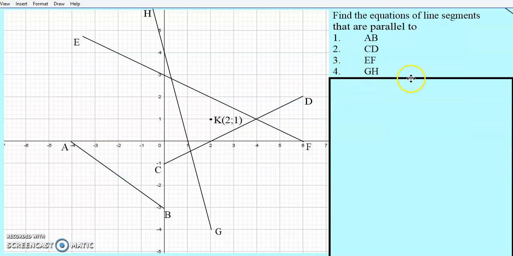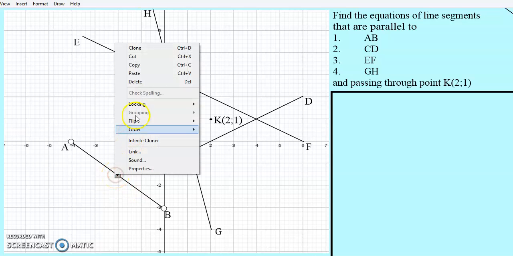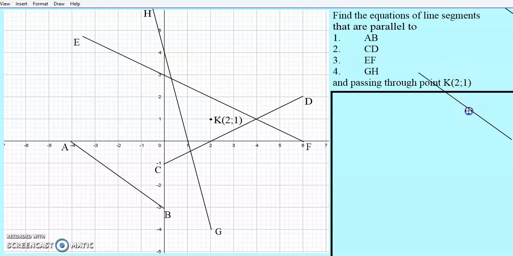If they ask me now to find the equation of the line segment that is parallel to line segment AB and it passes through a point K, which is (2; 1). If it is parallel to this line, which means if I take AB and I drag it from there through K, the slope remains the same.